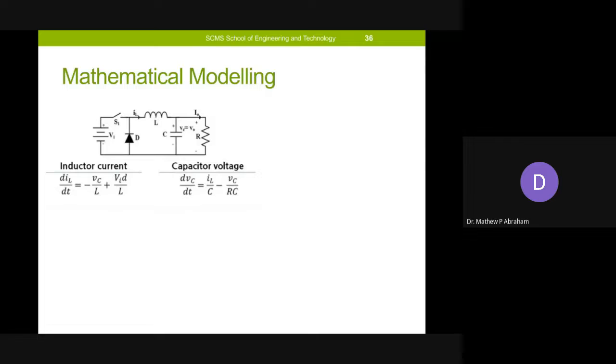How? We just write the equations for the inductor current. We can easily find the inductor current by knowing the voltage across it. What is the voltage across it? At one point we have Vs, at the other point we have the output voltage, right?